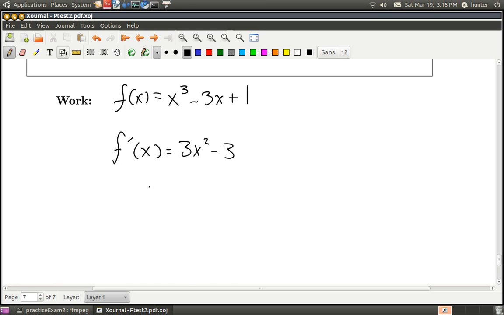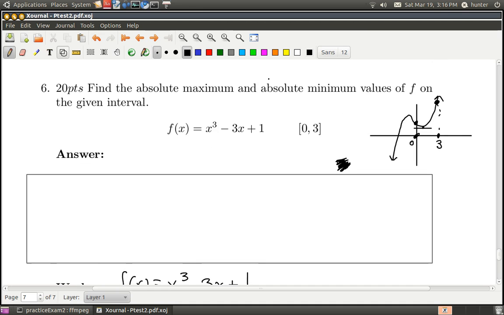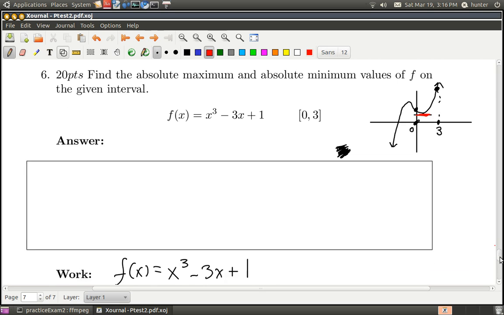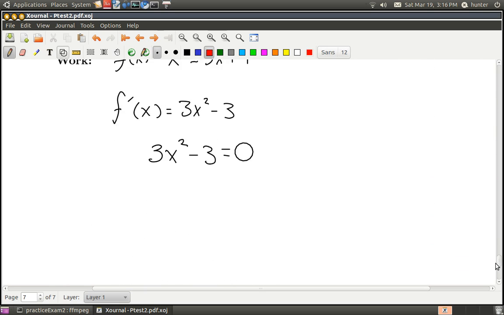We'll find the values that make that 0. The reason we want to know the values that make it 0 is because that tells us where the tangent line is horizontal, and those are the points where it's going to have a local extreme. We're looking for extrema, and the absolute extreme is just going to be one of the local extremes. So we'll find the local extremes.